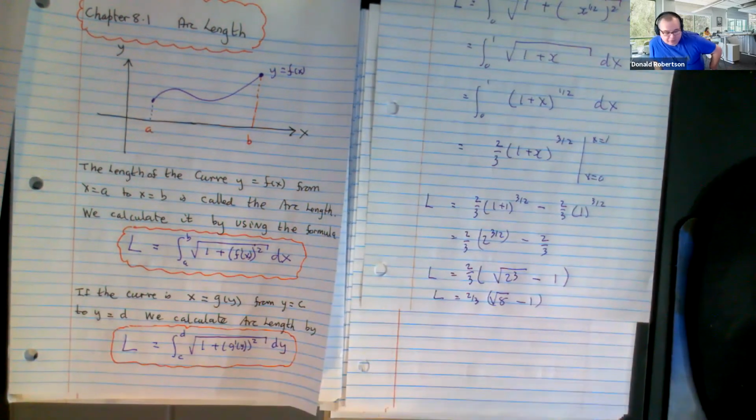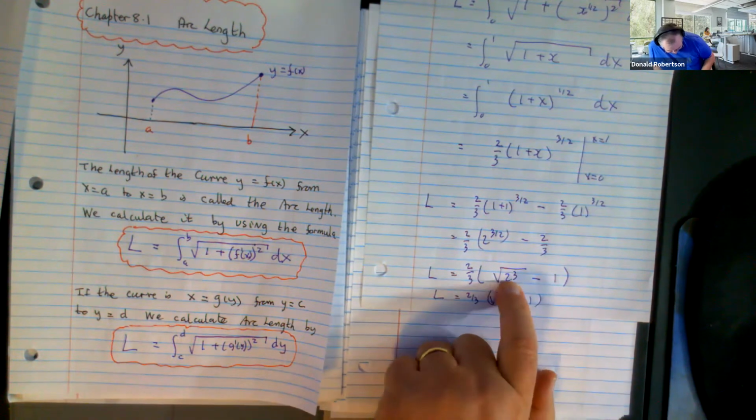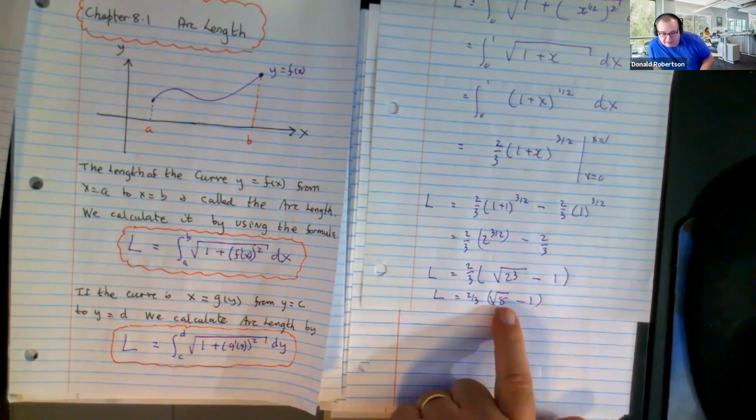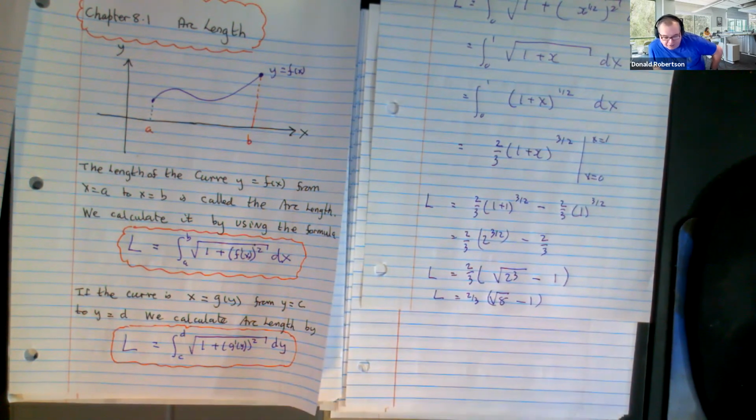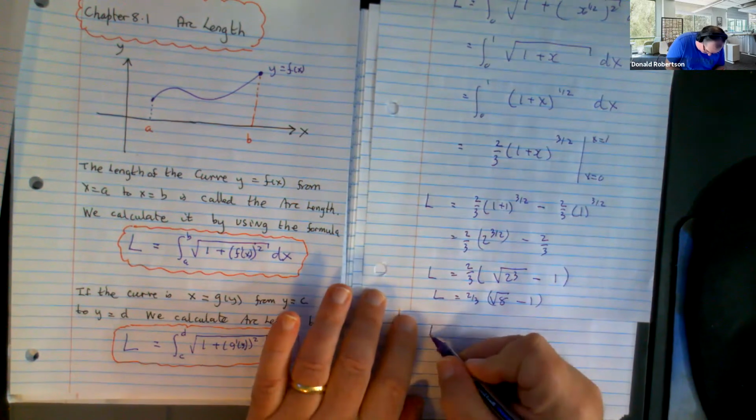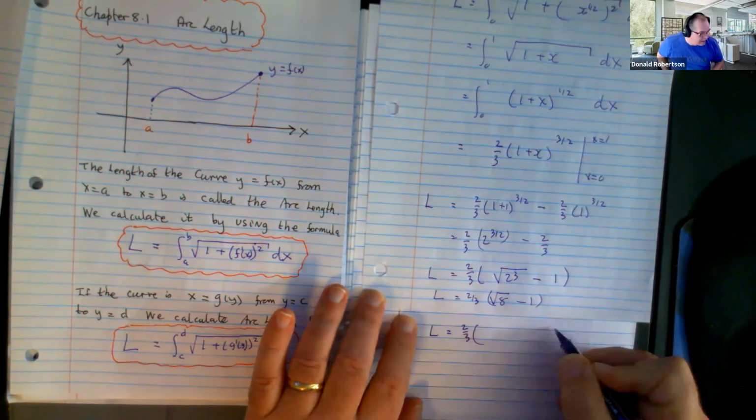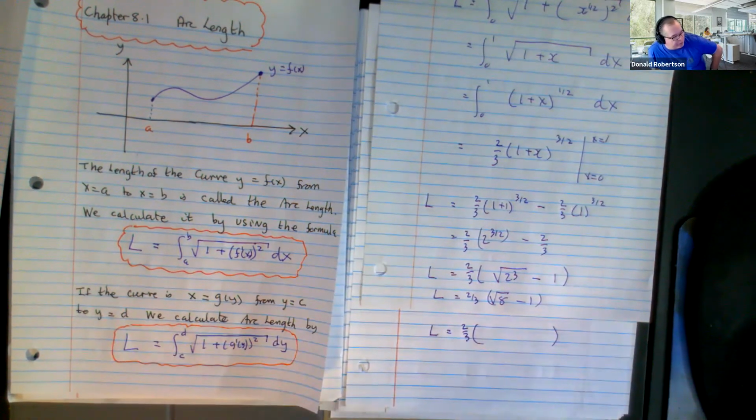Try to make the answer as nice as possible. I know that looks like 23, but it's actually 2 to the power of 3. Can you do anything to the square root of 8 to make this even prettier? What can you do to the square root of 8 to make it a little bit prettier?